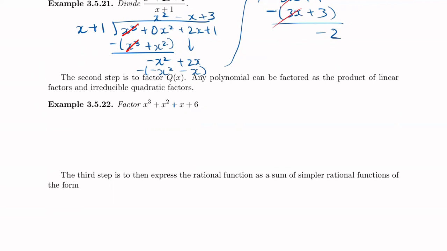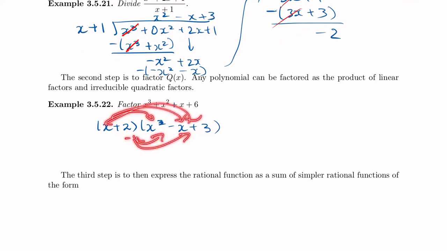So we could see that I could factor this into x plus 2 and then x squared minus x plus 3. If you expand all this, you should be able to get the polynomial that we have up here. Okay, so that's something you could try on your own.